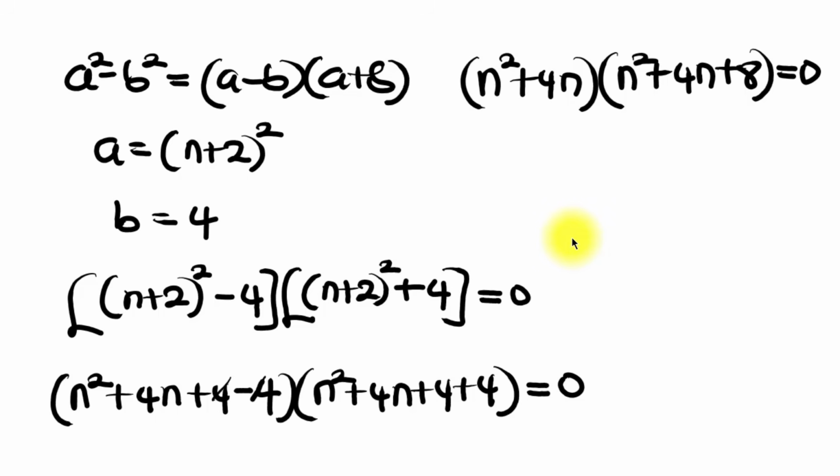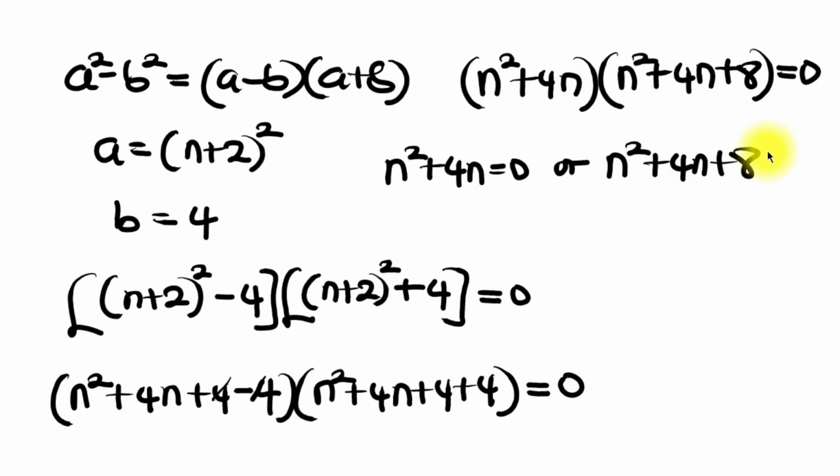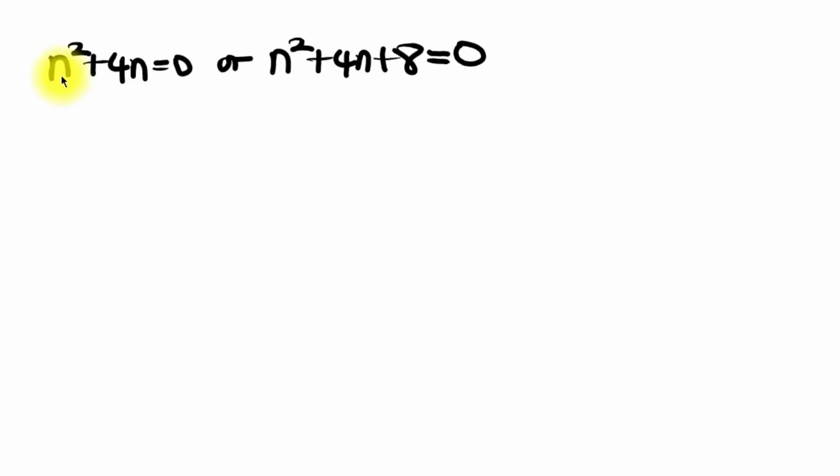So there are two cases from here. We have n squared plus 4n equal to 0. Or we have n squared plus 4n plus 8 equal to 0. So we're going to be solving those two cases one after the other. So starting with this, I'm going to be calling this case 1.